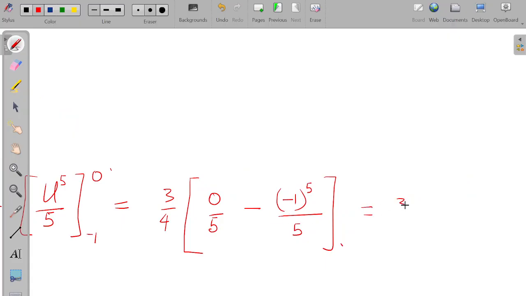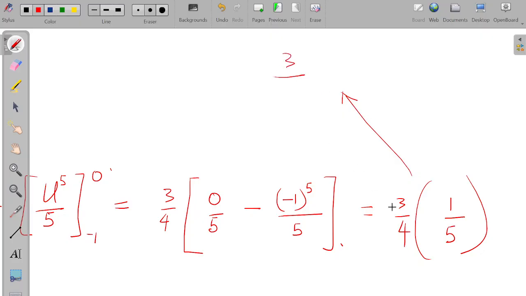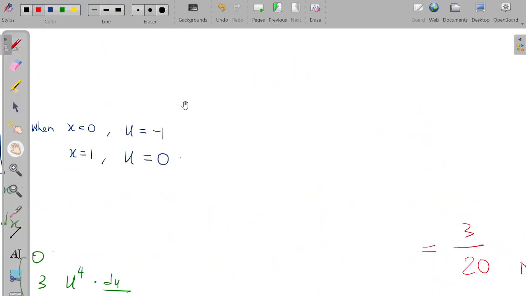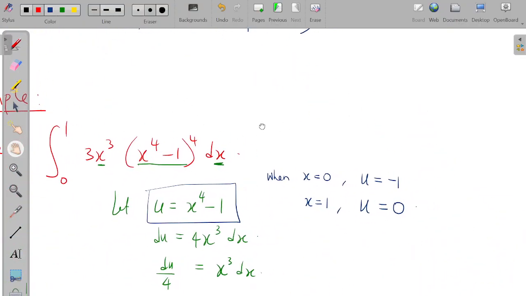So it will now be 3 over 4 multiplied by negative of negative 1 over 5. Please take note. It becomes positive because this is negative out. This gives us negative, then it becomes positive. All right, so the answer now becomes 3 over 20. So that is what we're given to evaluate, this is 3 over 20.